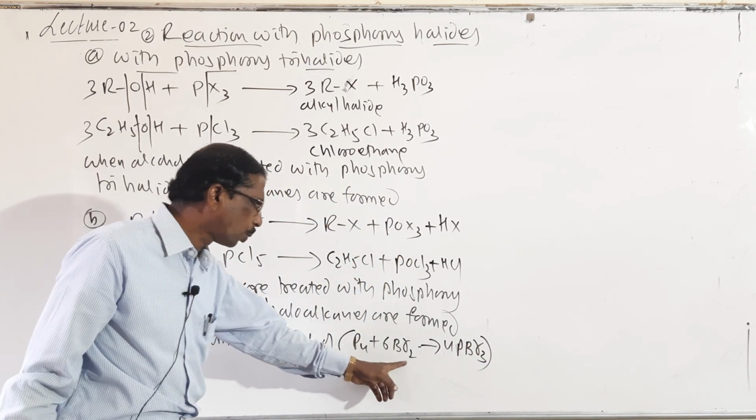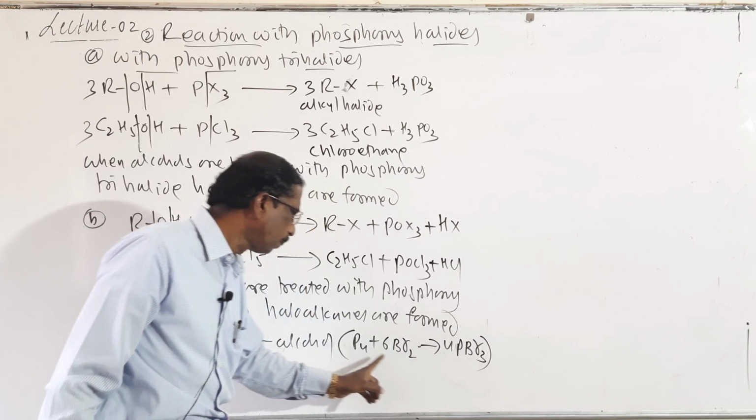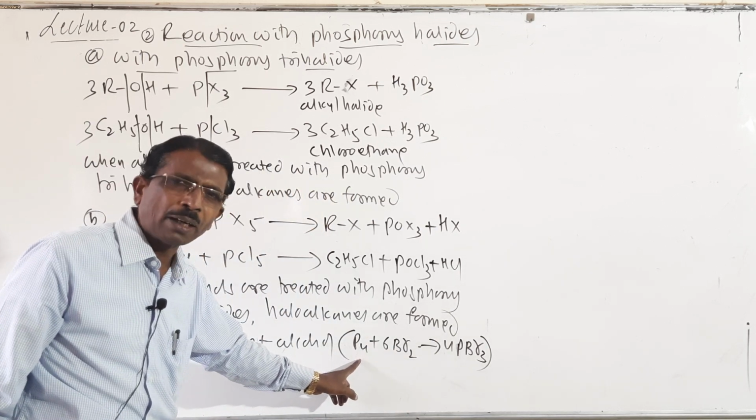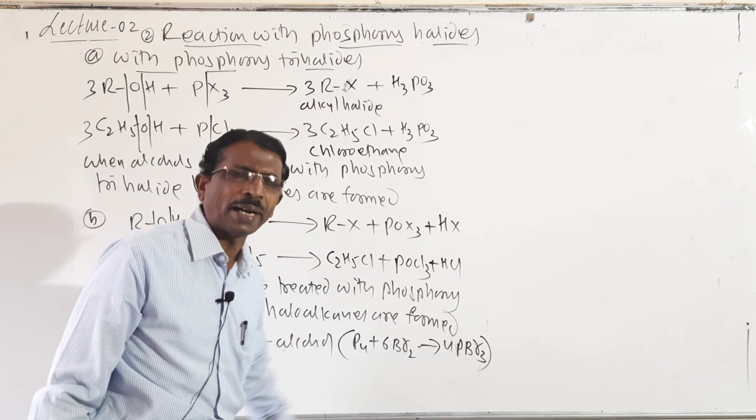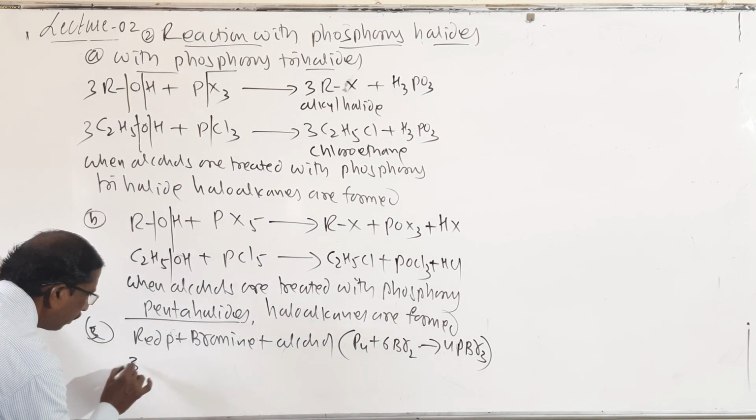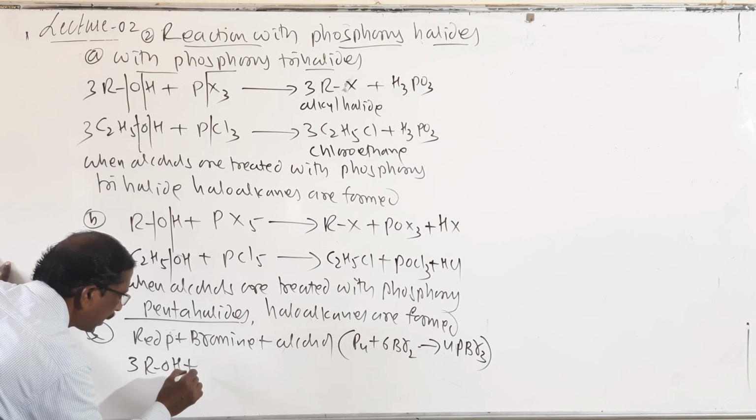Here 6 twos are 12, and 4 threes are 12. So when red phosphorus is treated with bromine, it forms phosphorus tribromide.